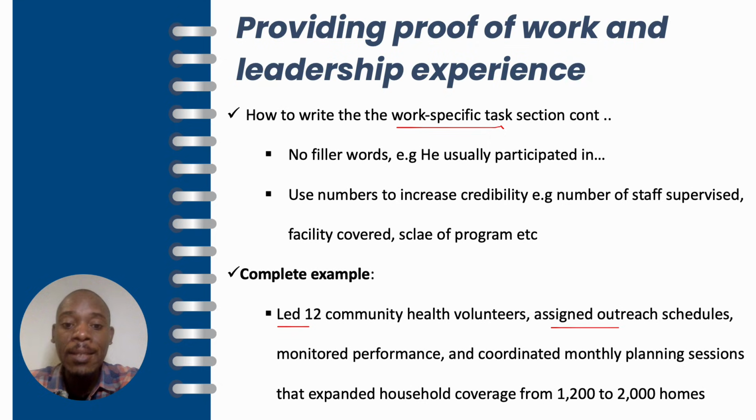They assigned, they monitored, and they coordinated. So these are strong action verbs that will demonstrate the proof of your leadership experience or your community engagement. And also the result is provided. There is an increase because of your leadership from 1,200 to 2,000 homes that were reached.